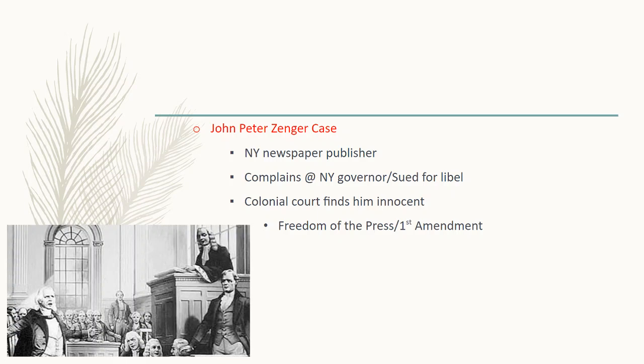At this time, New York is going to have a new royally appointed governor come in, and he's not very popular. There are going to be a lot of articles published in Zenger's newspaper that are very, how do we delicately put this, rude about the governor, calling him names, and even insinuating that he had taken bribes and done some really dirty stuff, what we call today malicious libel.